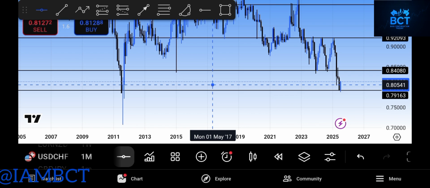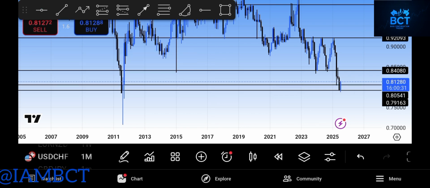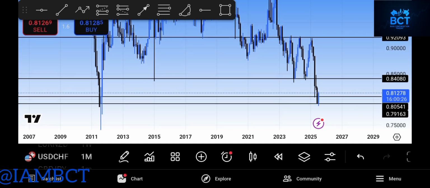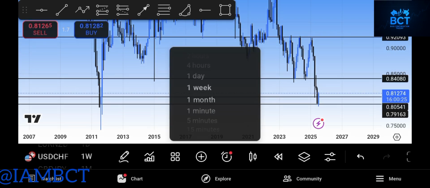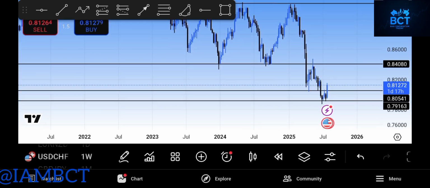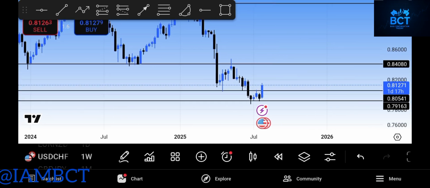And there is another thing here. That is another zone here.